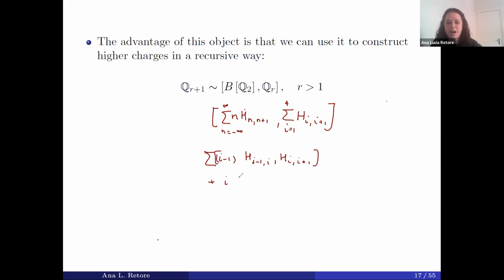Then in principle you have I, but I will be 0 as well, because it's the commutator with itself. Plus I plus 1 plus 2. So let me see, EI, yeah.